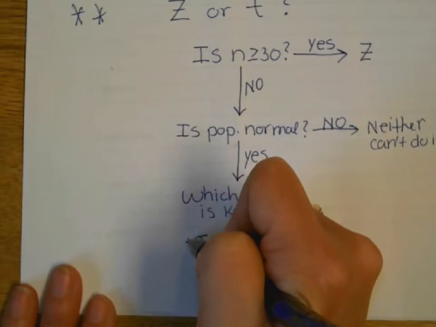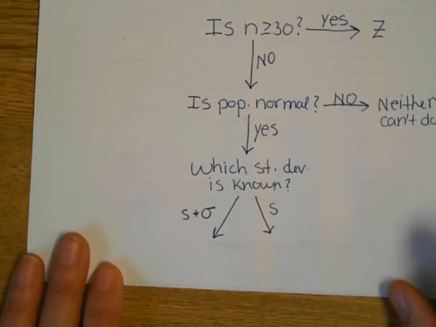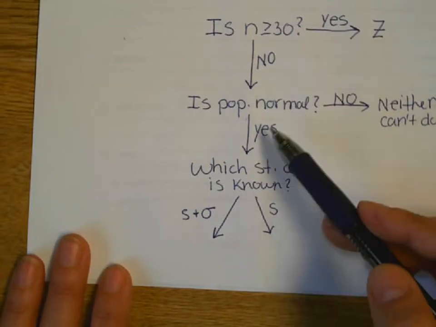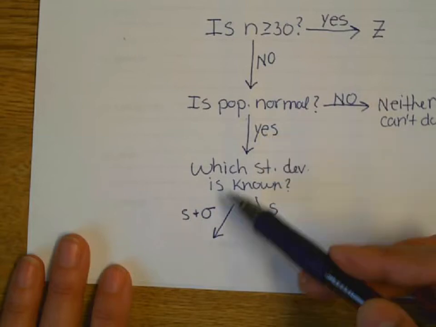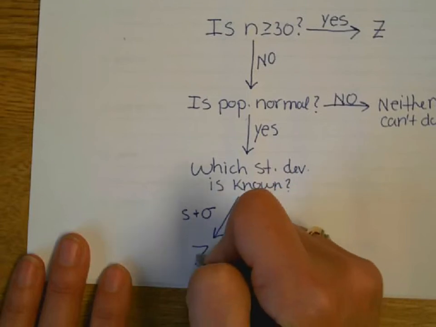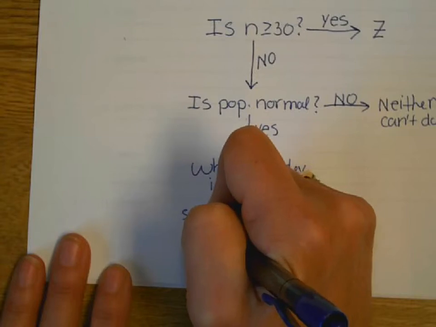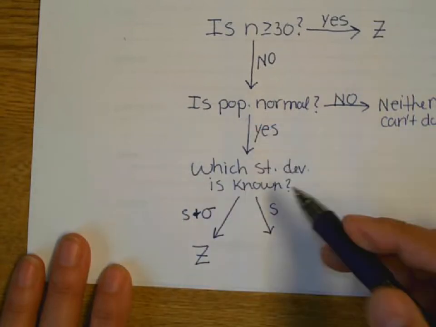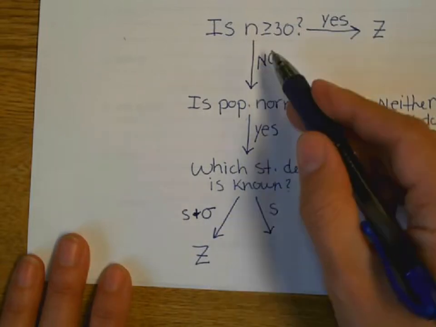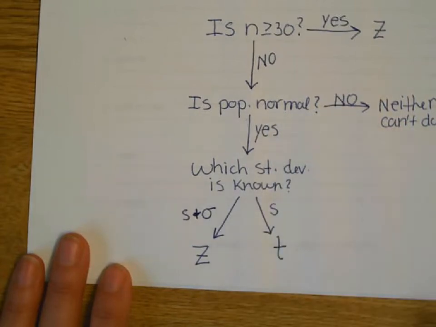Or maybe you know both of them. So, if I've got a small sample from a normally distributed population and I happen to know the population standard deviation, you are going to do a Z. If I don't know the population standard deviation and all I have is S with a small sample from a normally distributed population, that's where we're going to do a T.